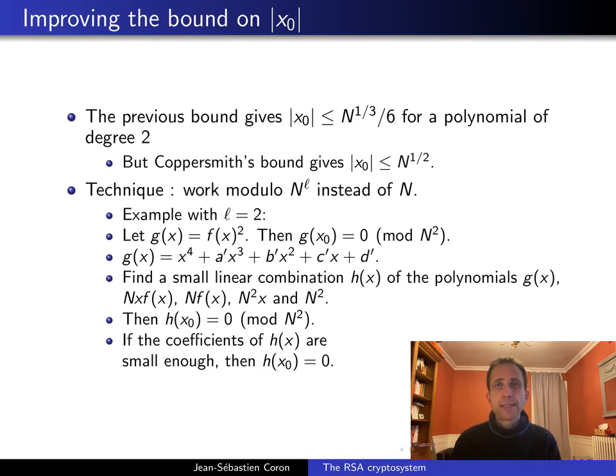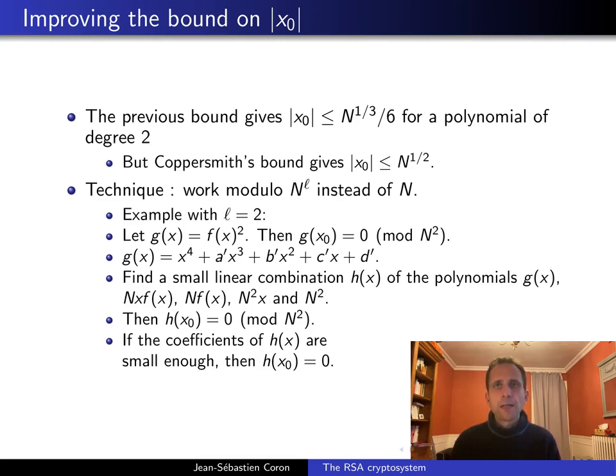Since x0 is a root of f modulo n, now x0 becomes a root of the polynomial g, but this time modulo n squared, because we have squared the polynomial f. We can compute the coefficients of g, because we know the coefficients of f. So g is a polynomial of degree 4.